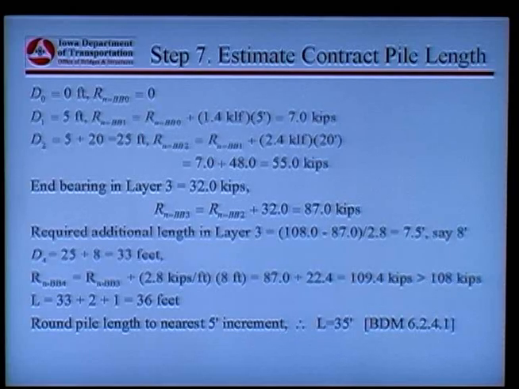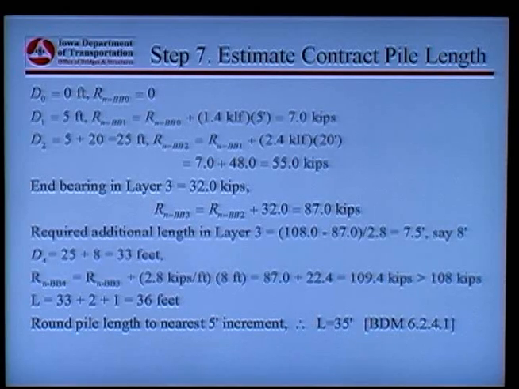So at the depth 0, no embedment, you have 0 resistance. And down to layer number 1, which is 5 feet of clay, the RN at layer 1, which is the nominal resistance based on the skin friction up to layer 1, is equal to the resistance from layer 0, in this case it's 0, plus the resistance contributed by the 5 feet clay.